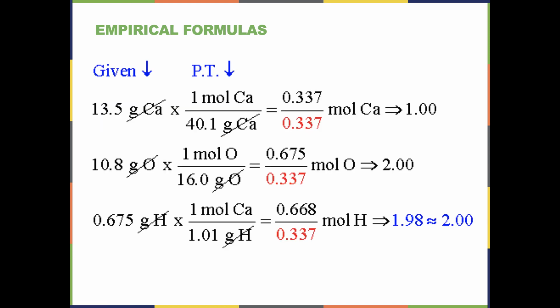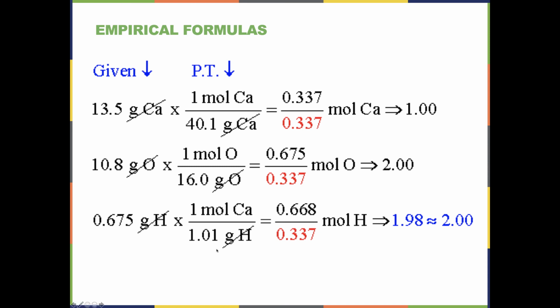So here's an example. Let's say that you're given that a compound contains 13.5 grams of calcium, 10.8 grams of oxygen, and 0.675 grams of hydrogen. Now, 1 mole of calcium is 40.1 grams, so you have 0.337 moles of calcium. 1 mole of oxygen is 16, so if you divide that, you have 0.675 moles of oxygen.